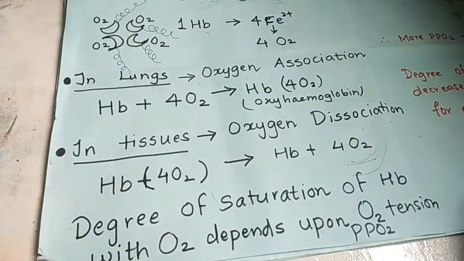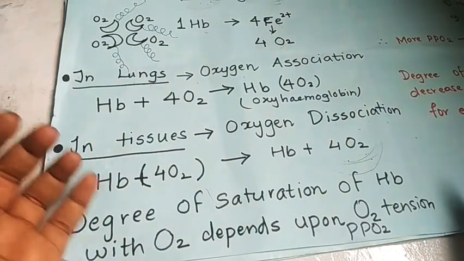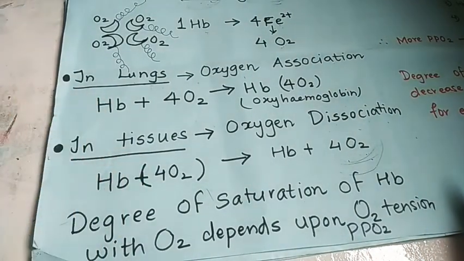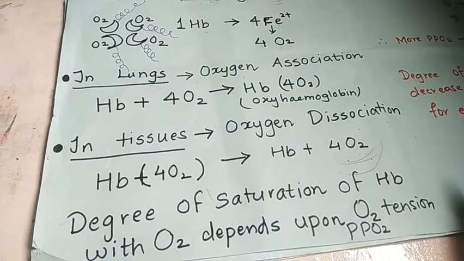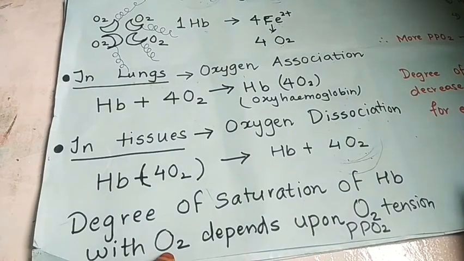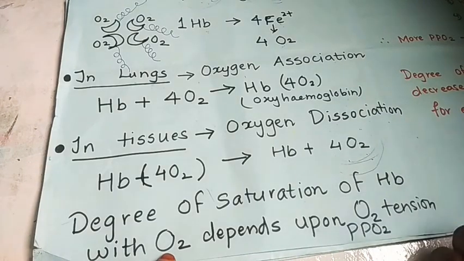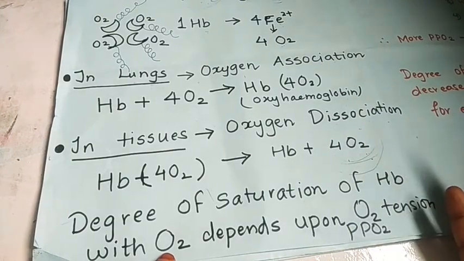But keep in mind one thing, that the degree of saturation, how much oxygen is taken up by the hemoglobin, depends on oxygen itself. If the concentration of oxygen, or we can say partial pressure of oxygen, is higher, there will be more saturation of hemoglobin.